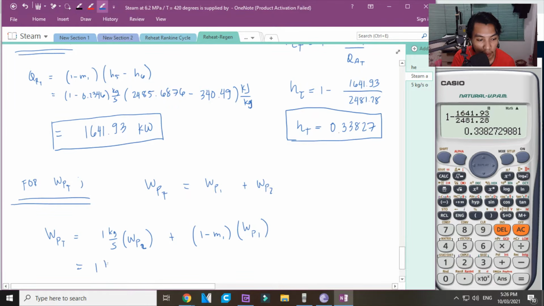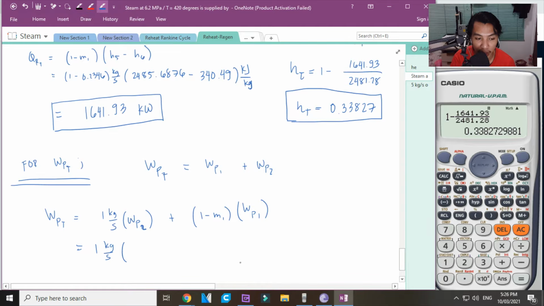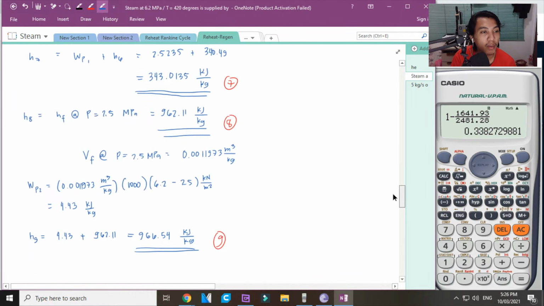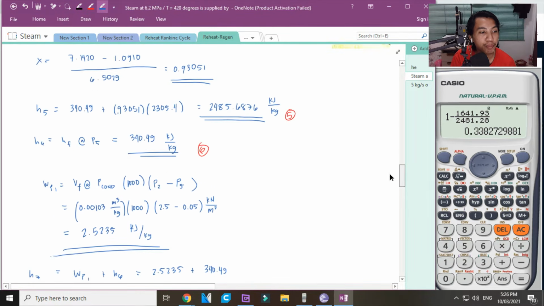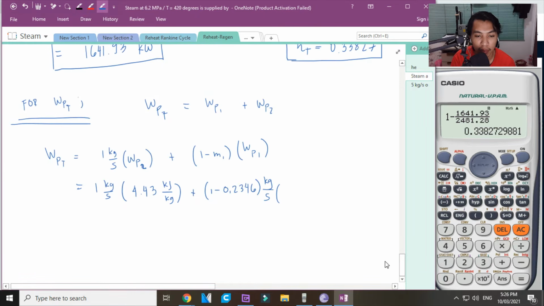So, 1 kilogram per second. Nakuha natin sa work ng pump 2, I think 4.43 kilojoule per kilogram, plus 1 minus 0.2346 kilogram per second multiplied to work ng pump 1, which is 2.5235 kilojoule per kilogram.